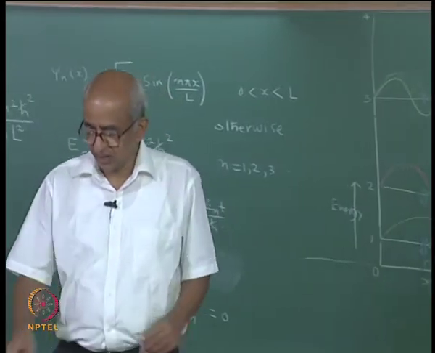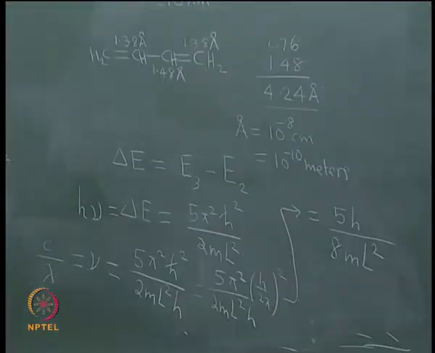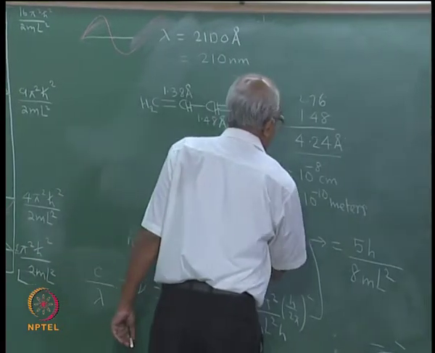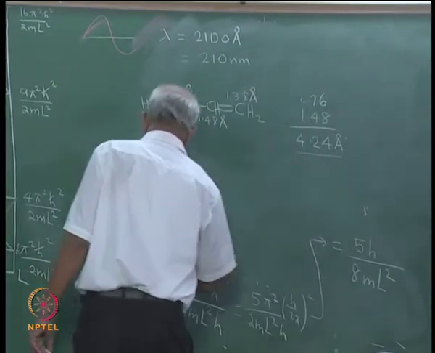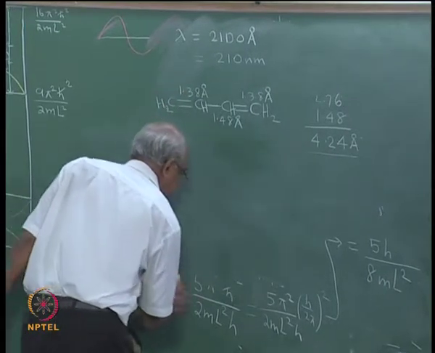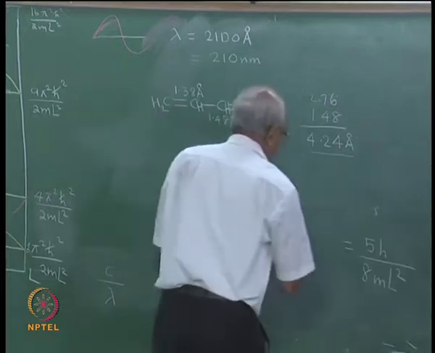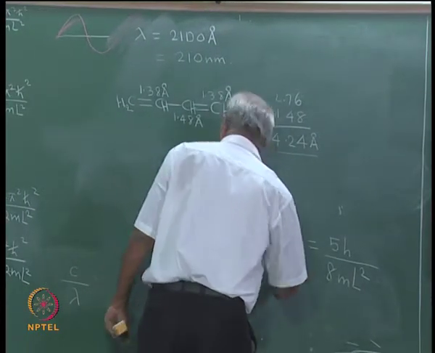So, let me collect everything together. I will remove all these things. And what we have is actually c divided by lambda.